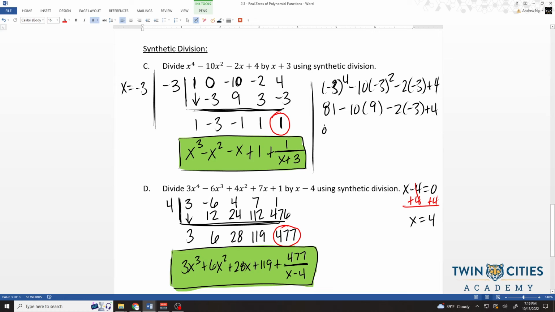So this is 81 minus 10 times 9 is 90. Minus 2 times negative 3 is negative 6. I'm actually subtracting a negative here, so I can say that's like adding a positive. And then plus 4. And finally, 81 minus 90, that's going to be negative 9.